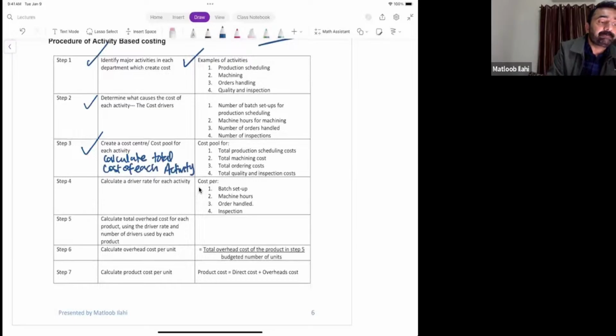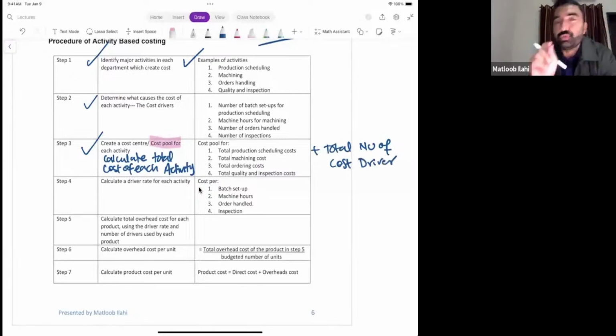This is called the cost pool. Okay, we use the word cost pool. And the total number of drivers as well. So at step number 3, you have to calculate the total cost of each activity plus the total number of cost drivers.